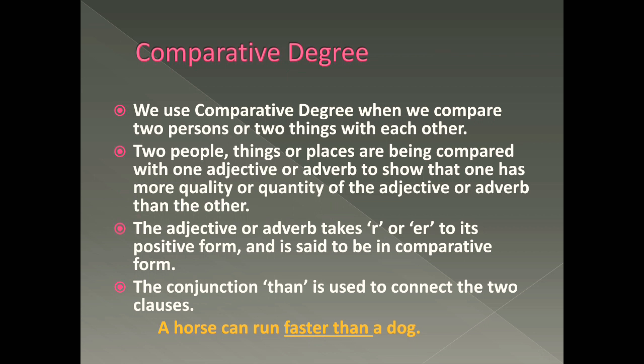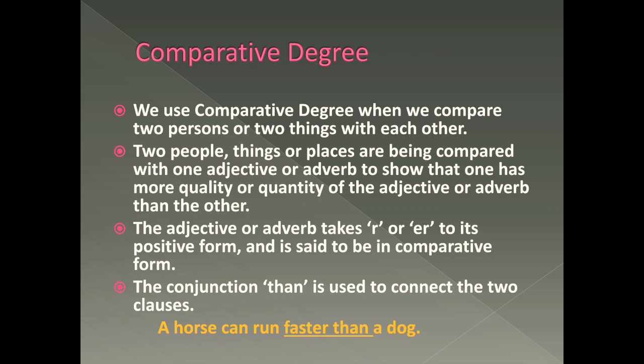For example, if we say a horse can run faster than a dog, here the comparison is drawn between these two nouns, horse and dog. Now, horse possesses more power, that means the quality of fastness, than a dog.